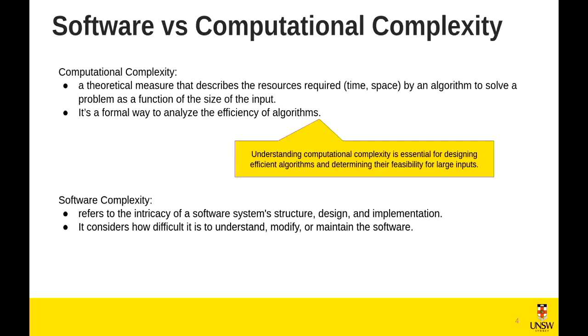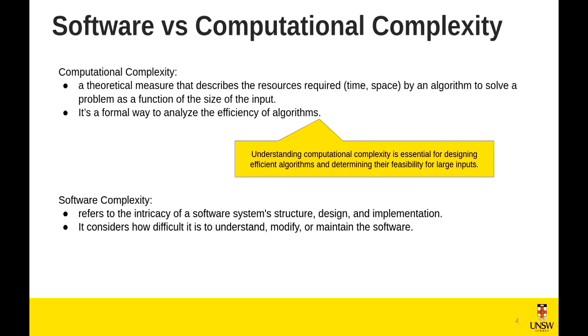For software, complexity refers to the complexity of the software structure, design, and implementation. It is often used to consider how hard it is to understand, modify, or maintain the software. So this is pretty different.